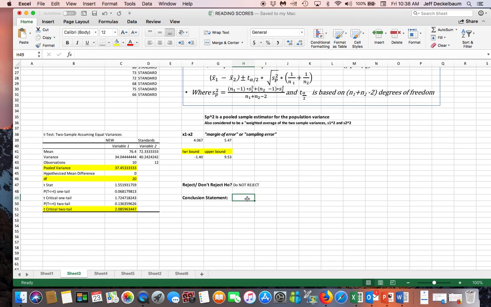So the conclusion statement is there is insufficient data at the 0.05 level of significance that the new method is statistically different than the standard method.